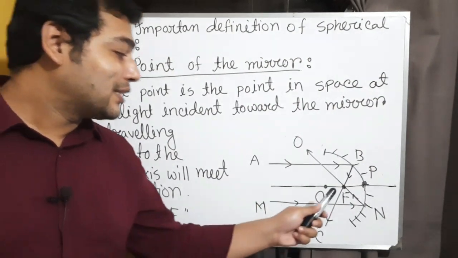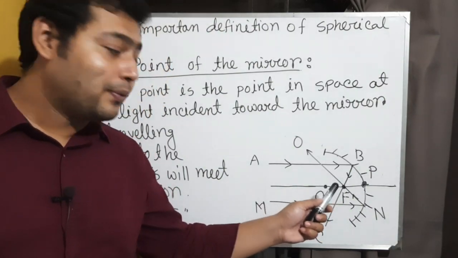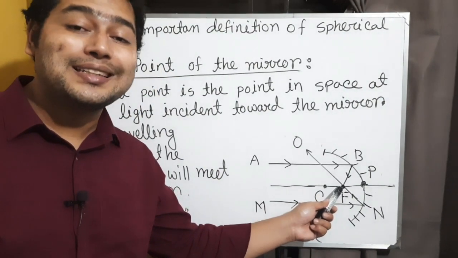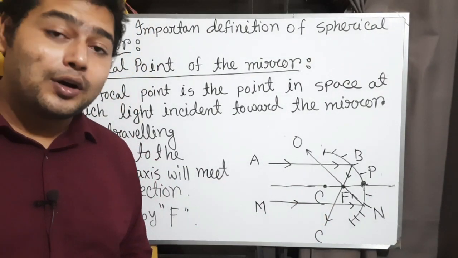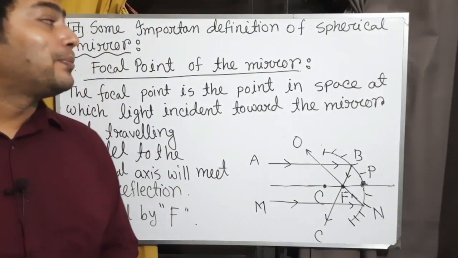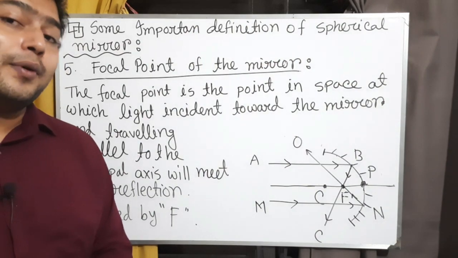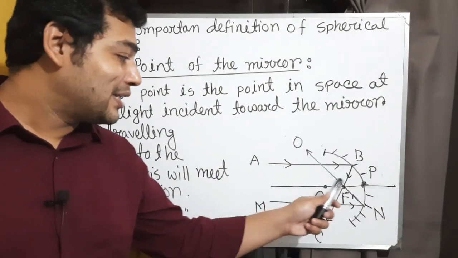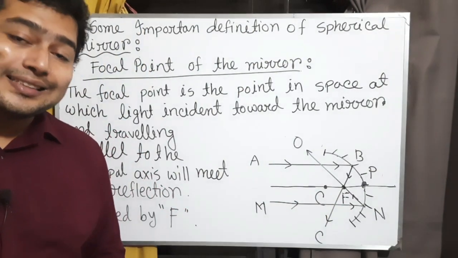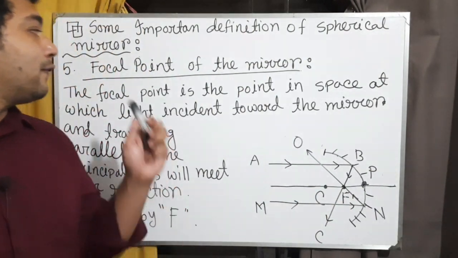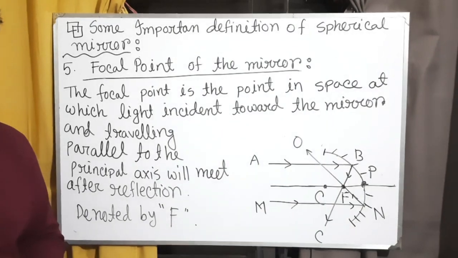The meeting point of these two reflected rays at the principal axis is called the principal focal point.